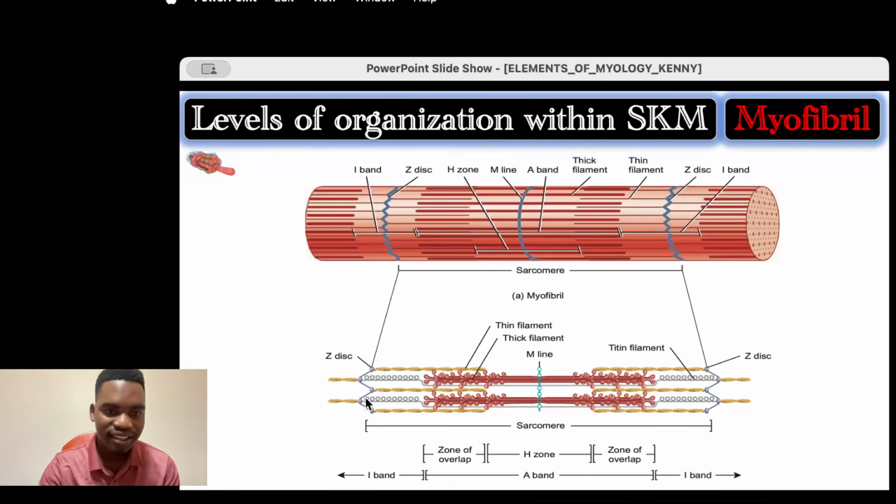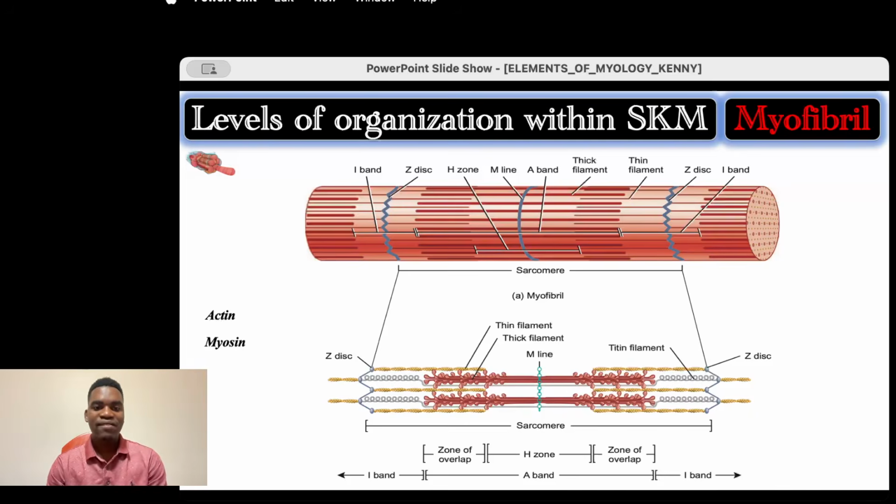The protein that makes up the thin filament is known as actin, and the protein that makes up the thick filament is known as myosin. Actin and myosin are very important when discussing muscular contraction, because these are what interact to produce a muscular contraction or relaxation. The actin is found in the thin filament, and the myosin is found in the thick filament.